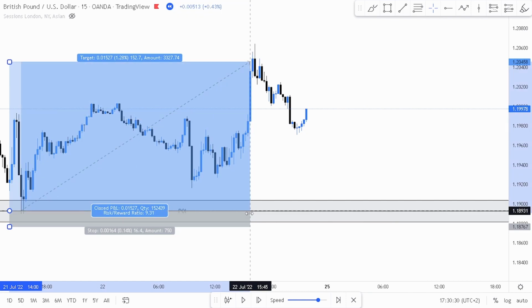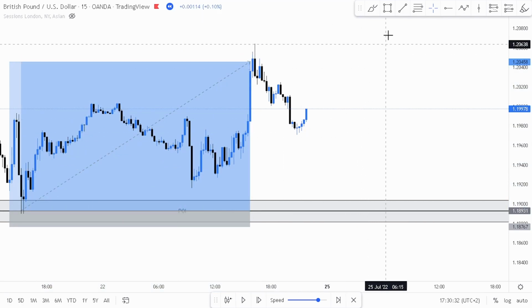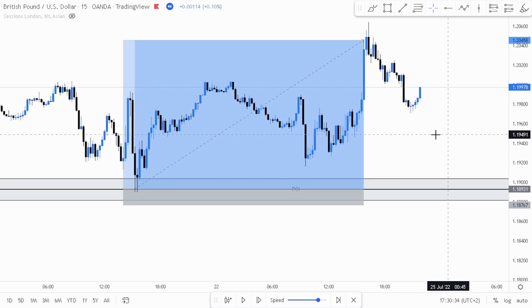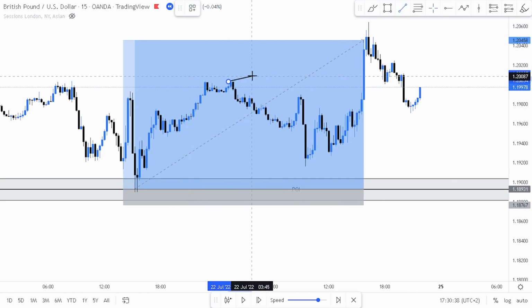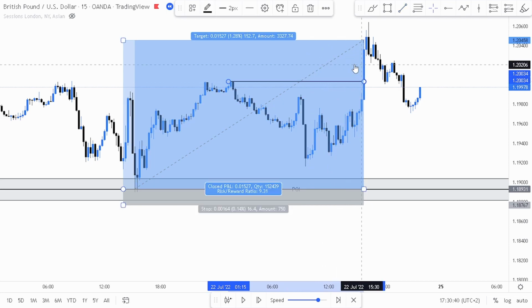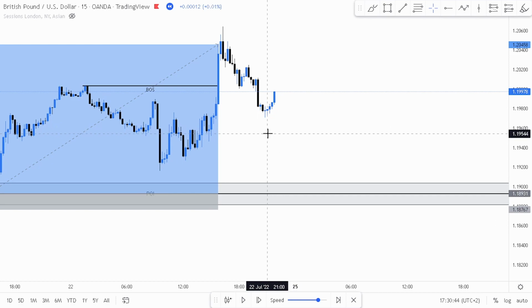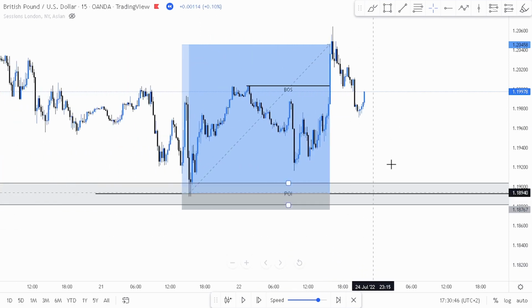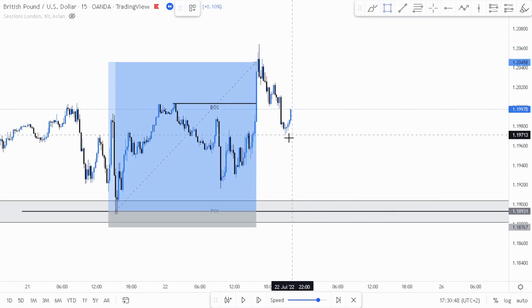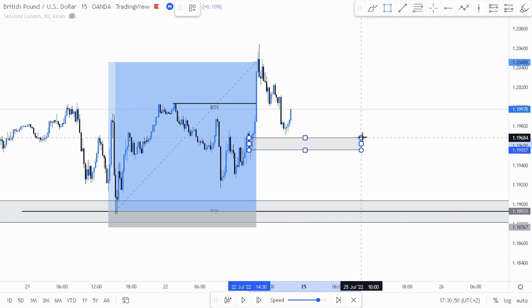price did hit our take profit, and now we did have a break of structure to the upside. You just want to mark out that break of structure. This is our BOS, and you want to look at the demand zone that actually caused the break of structure.